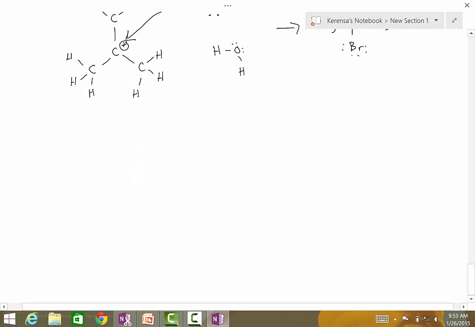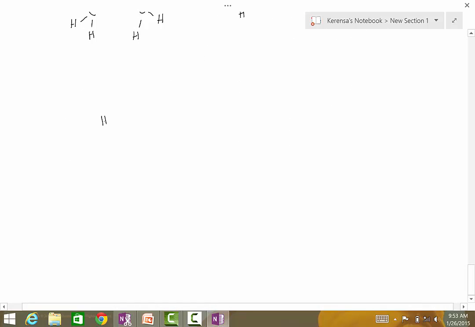Now, if your situation were different, because it can be, we used a different method to get to this carbocation by using sulfuric acid in water.